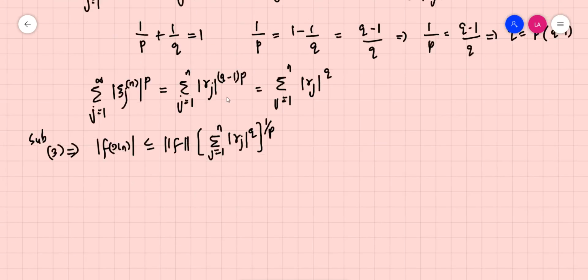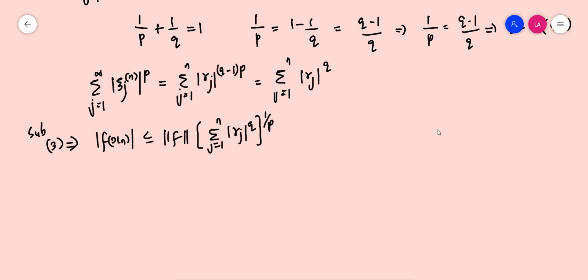So from this expression, we have f of xn equal to modulus of f of xn because f of xn has all the terms positive. So f of xn is summation j is equal to 1 to n modulus of gamma j the whole raised to q, which we have already established.